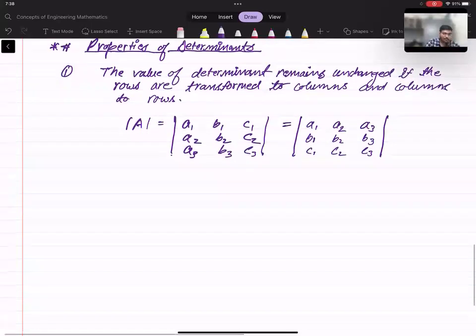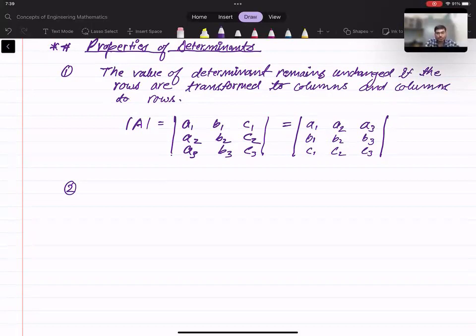So this was the very first property. Now the second property: if any two rows are interchanged with each other, or any two columns are interchanged with each other. Remember, a row will be interchanged with a row only, not a column, and a column will be interchanged with another column, not a row. In that case, the sign of the determinant gets reversed. If the scalar value was positive, it will turn negative, or vice versa.